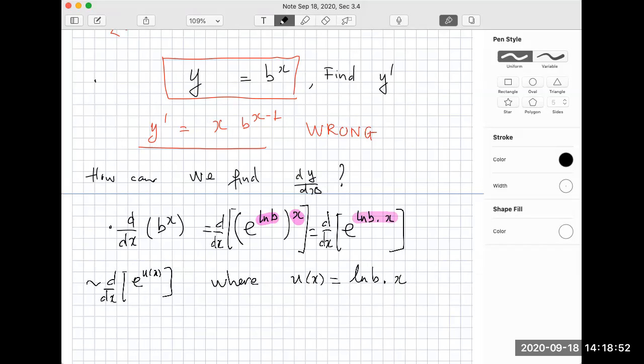It is the same thing, but now when we see it this way, we can apply the chain rule. Are we good?